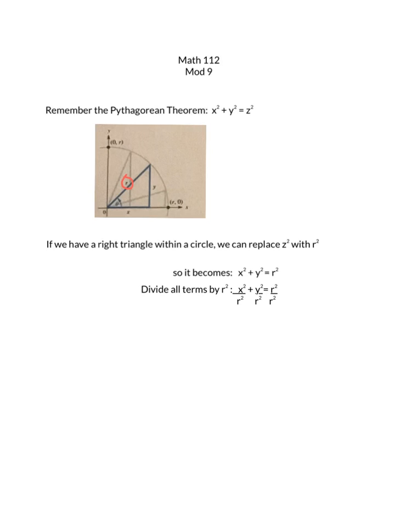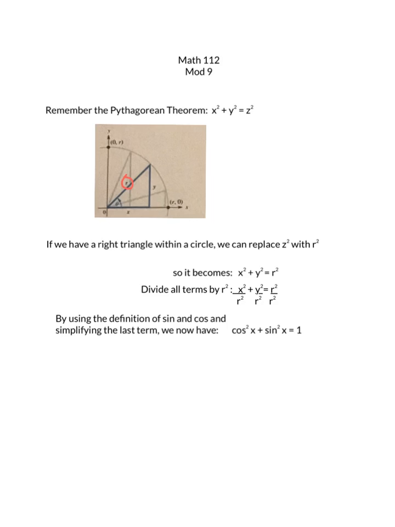Now we're going to do some algebra and divide all of the terms by r squared. If we use the definition of sine and cosine and simplify the last term, we now have cosine squared, because x over r is cosine, so x squared over r squared is cosine squared. y over r is sine, so we have plus sine squared equals 1.